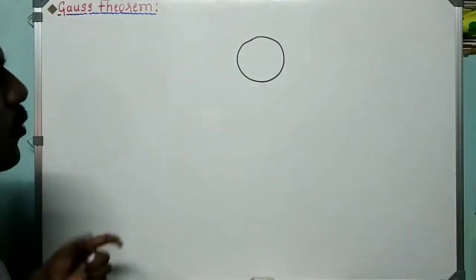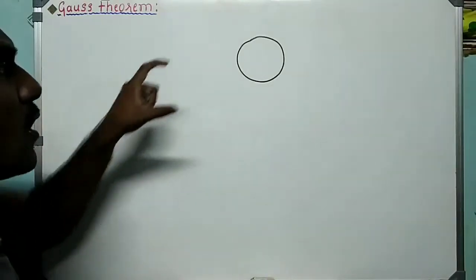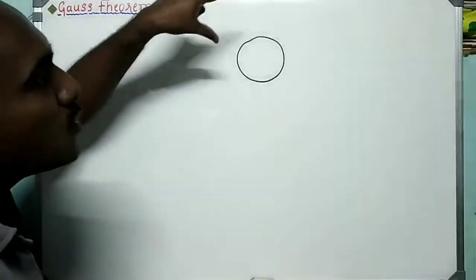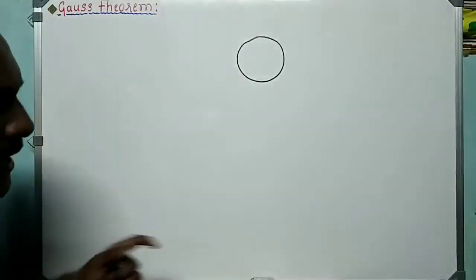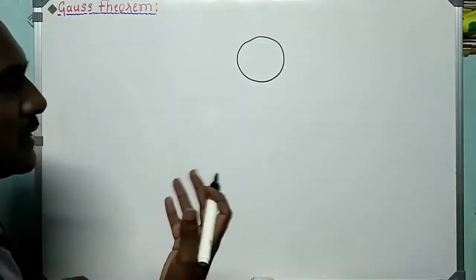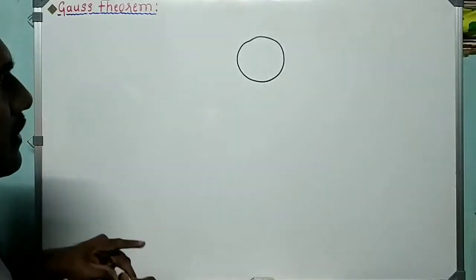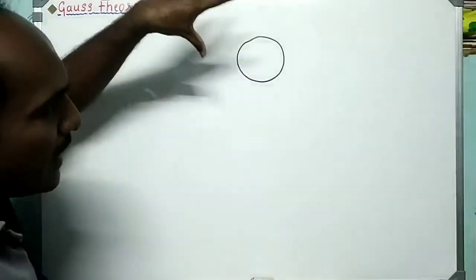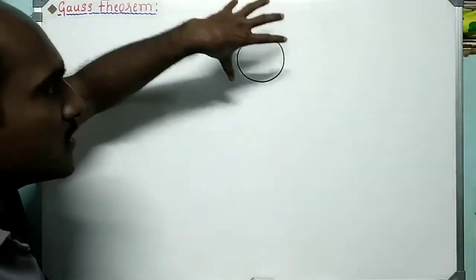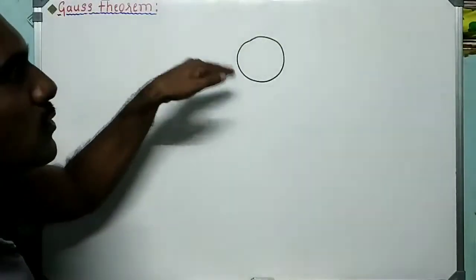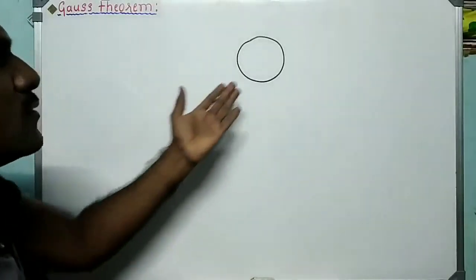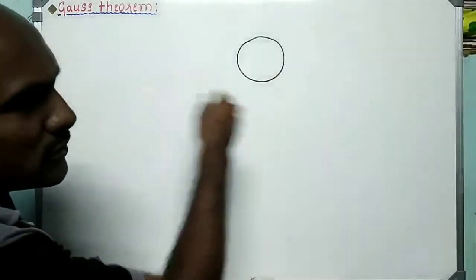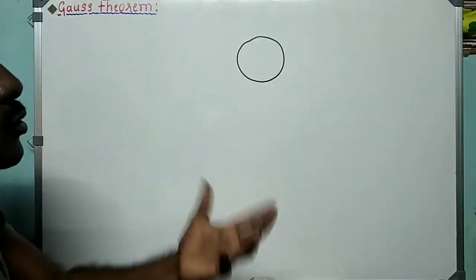Now what is the total flux of this charged spherical conductor, of this closed surface? That we are going to study. In the previous class, I told you that if you want to calculate the total flux of this conductor, you have to divide the total surface area into small unit areas, each of area delta S. Then you take the summation of electric flux across each delta S, and it will give the total flux.